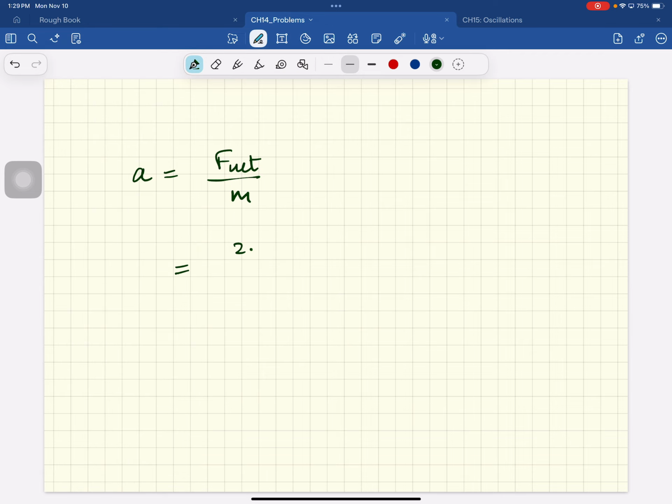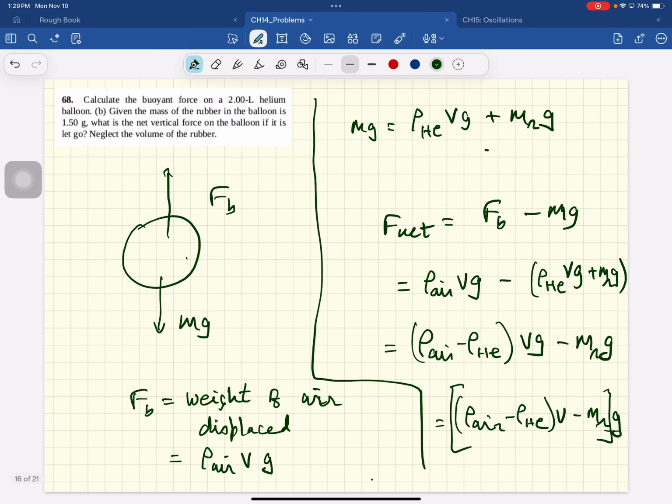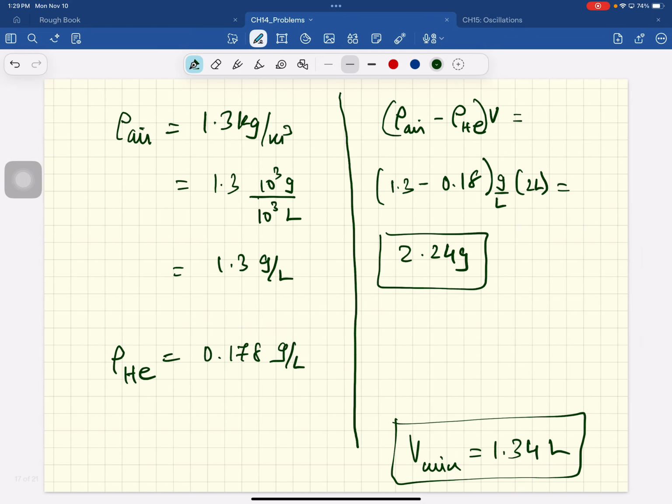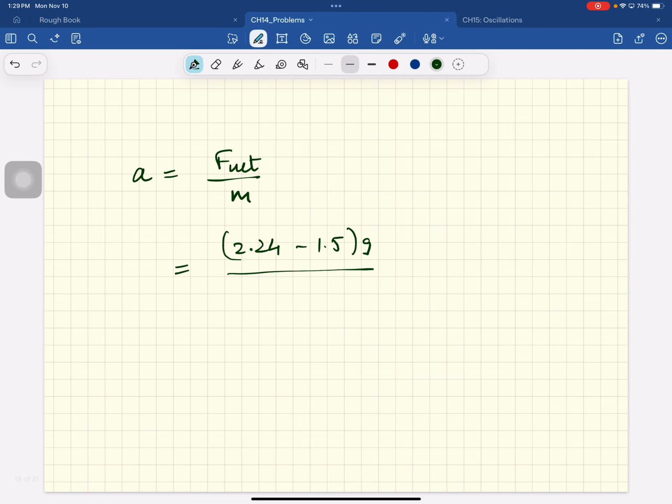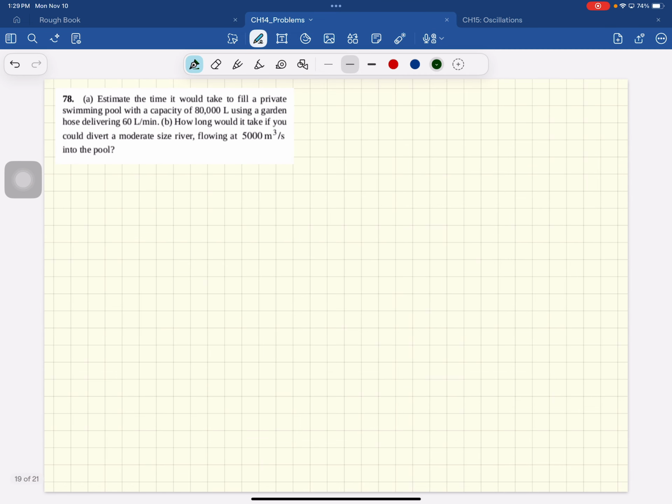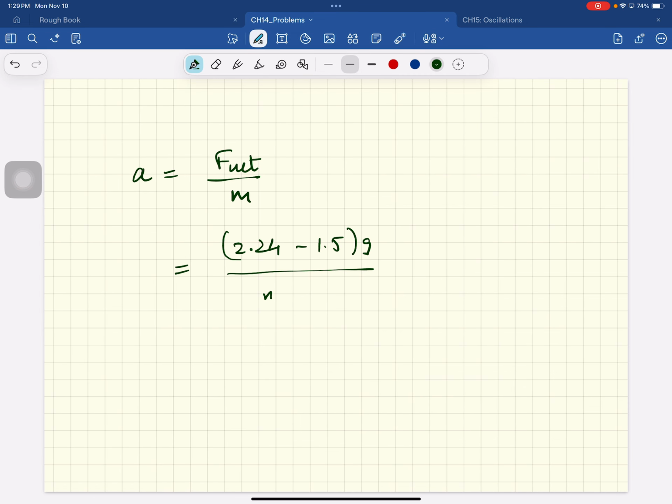this guy minus the mass of the rubber times G. You guys can review this after you go home. Minus 1.5 grams times G, divided by the mass of the rubber plus the mass of the helium.